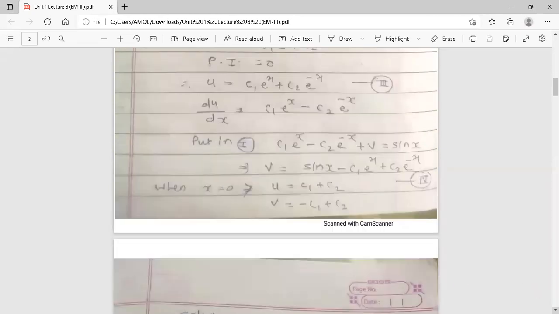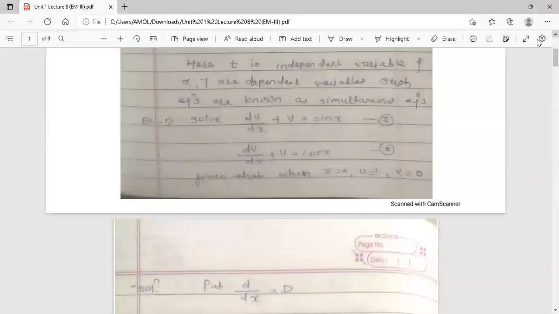Now these are the values of u and v. Now the special or initial conditions are given. The conditions are given here: when x is equal to 0, u is 1 and v is 0.